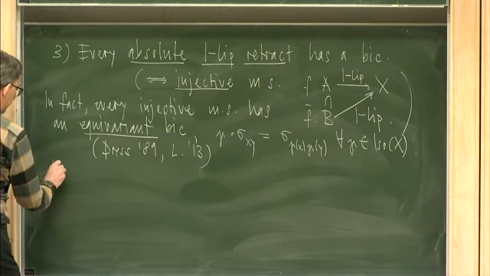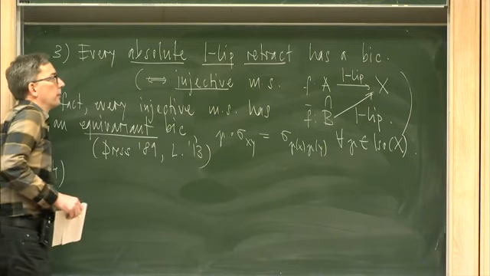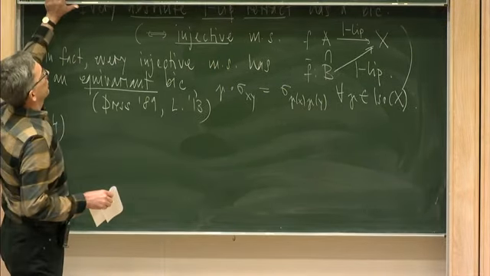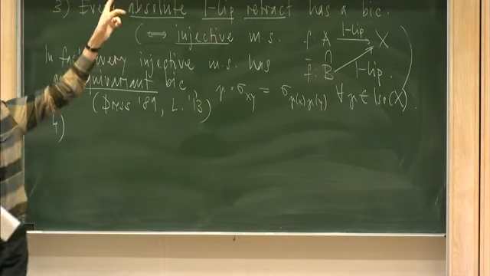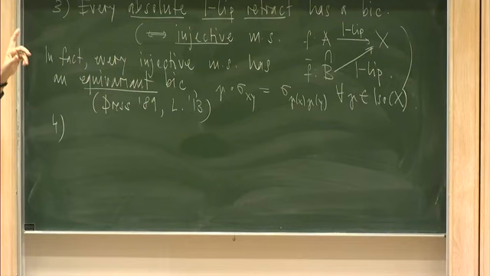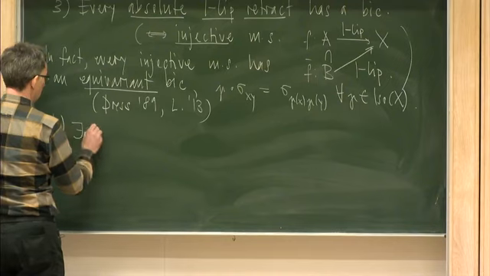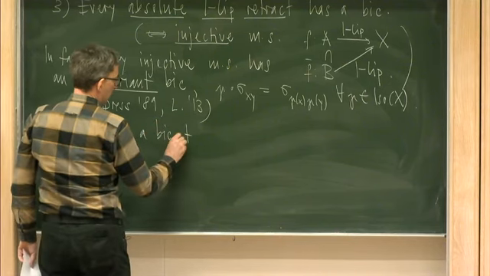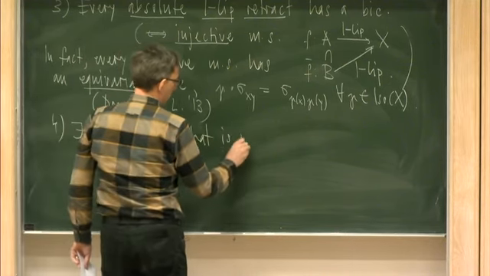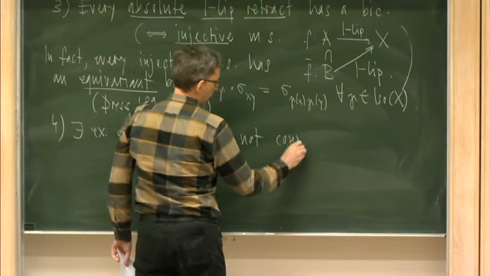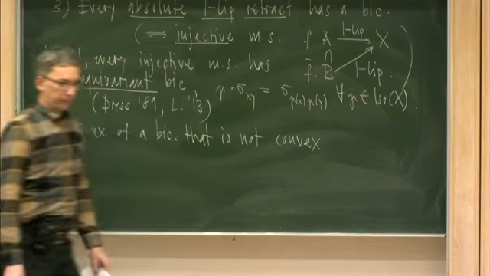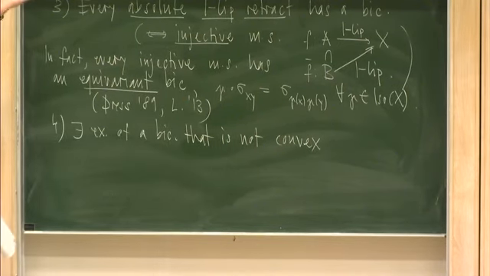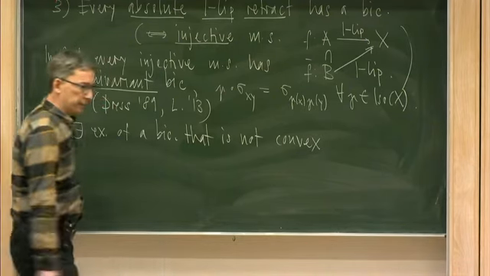And there are some more examples. So you might still wonder, are these conditions any different at all, right? But it's true. There is an example of a bicombing that is not convex. So we just have this weakest condition, but the function is not convex in general. That's easy.